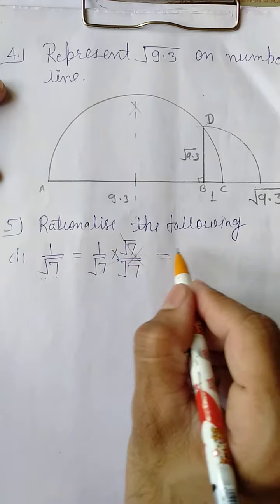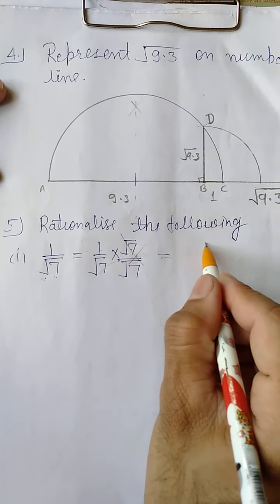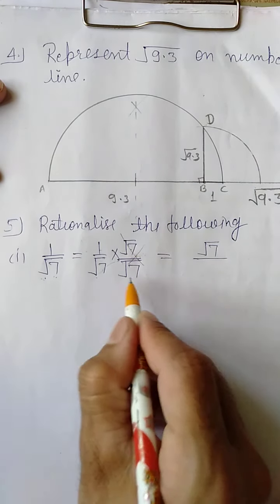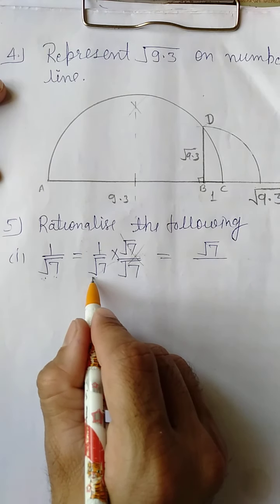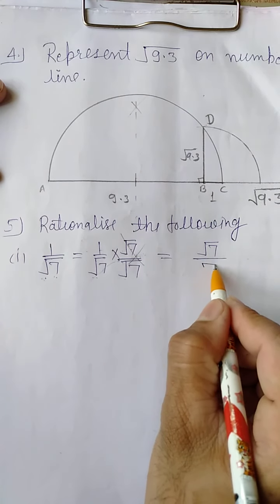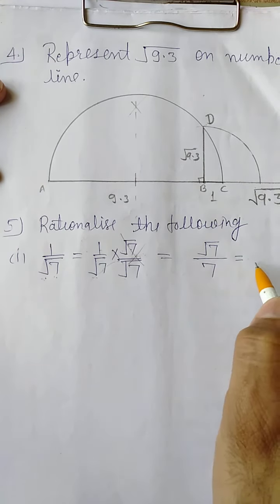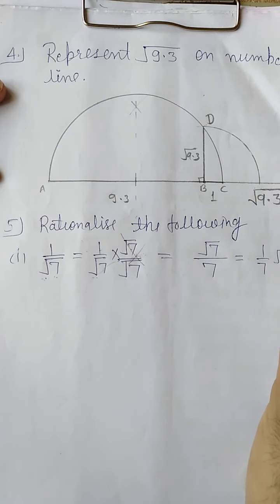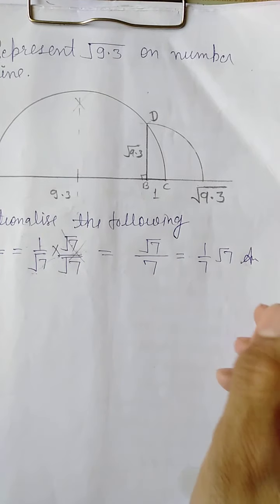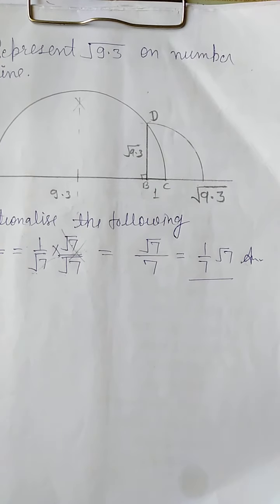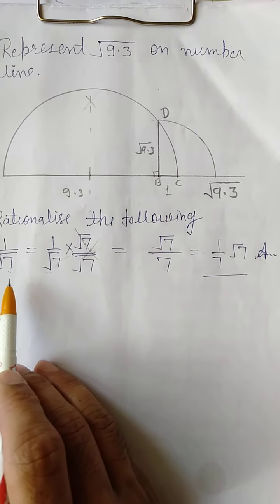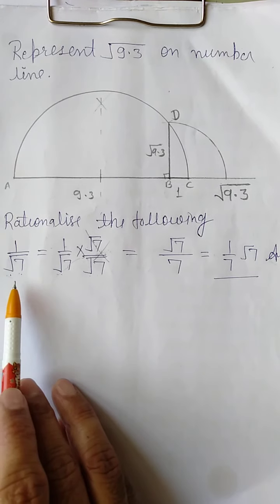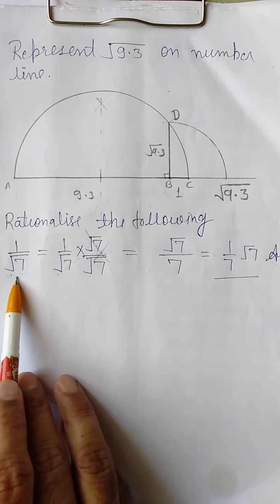So this will be equal to root 7 upon 7, since root 7 into root 7 is equal to 7. This is rationalization. So we can write here 1 upon 7 root 7. Right? This is the answer. Rationalization means in the denominator we cannot take a root.